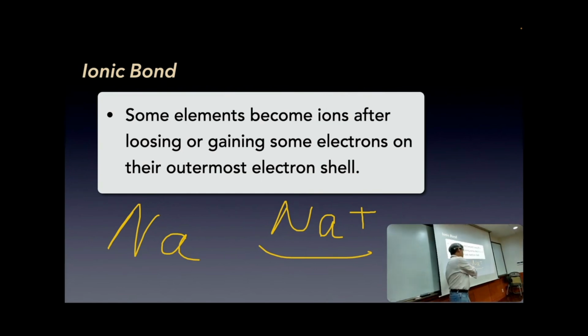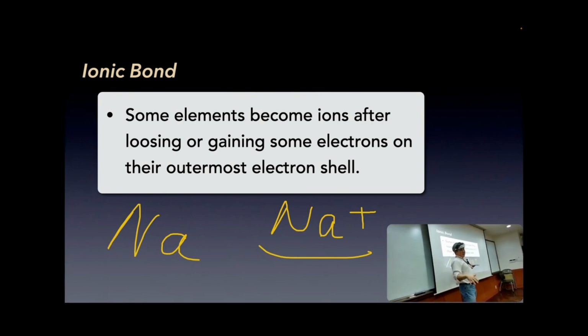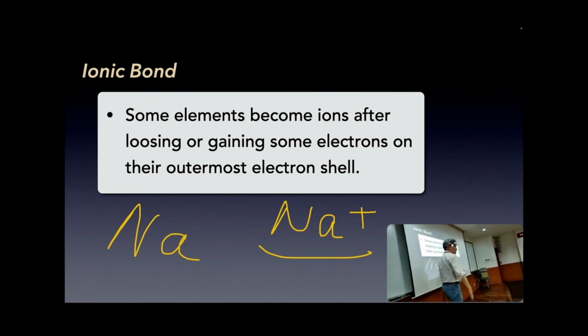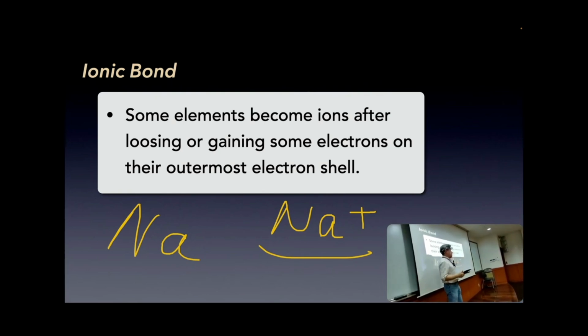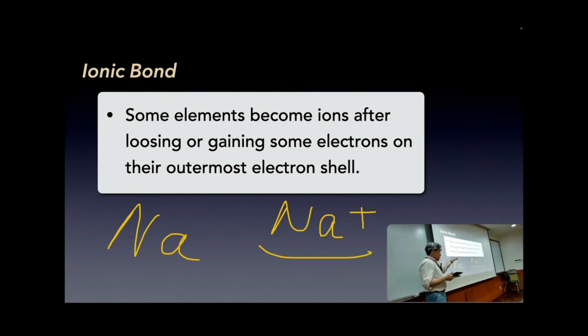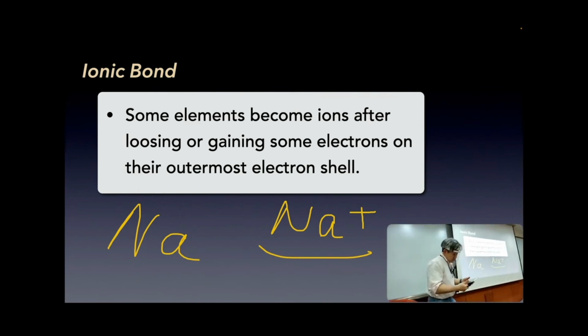If this sodium element loses one electron, then it becomes out of balance, having lost one electron. So in terms of the number of protons and electrons, there's one more proton remaining over here, so it will become a positively charged ion. That's how sodium can become an ion.